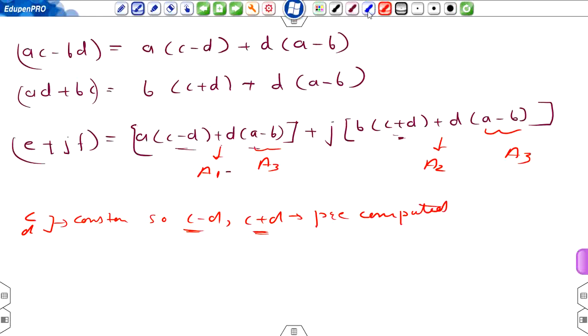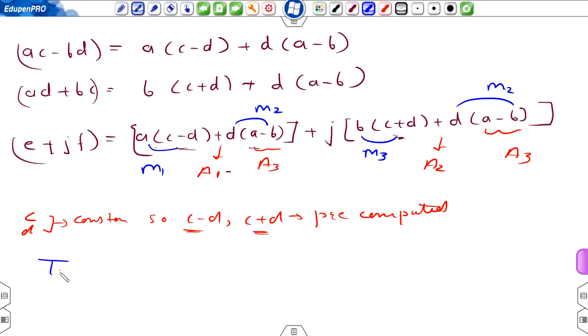Okay, and considering multiply operation, so this is, let's say, multiplication M1, this is M2, this is multiplication M3, and this is also multiplication M2. They both are same.